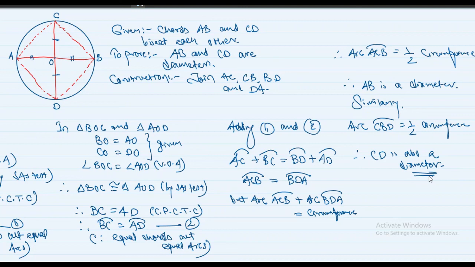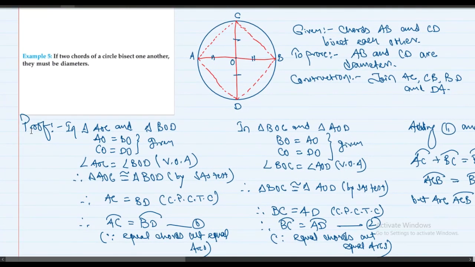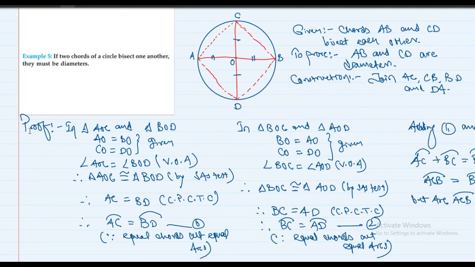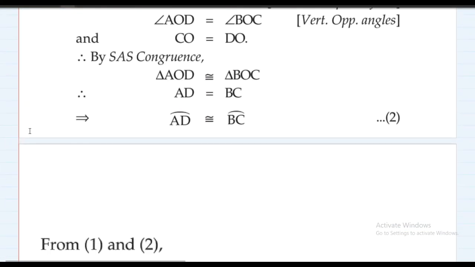So this is how you prove that if two chords of a circle bisect one another, then they must be diameters. A little long question, a little lengthy one.